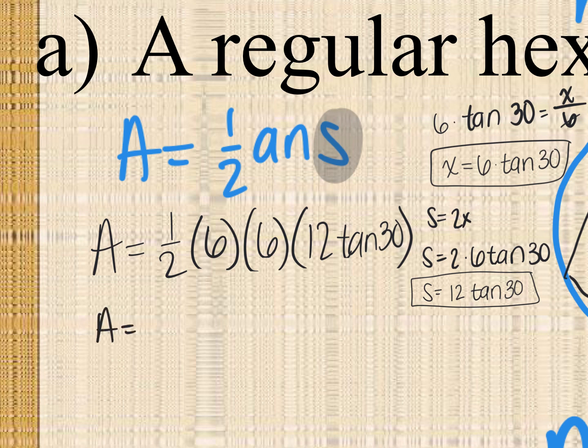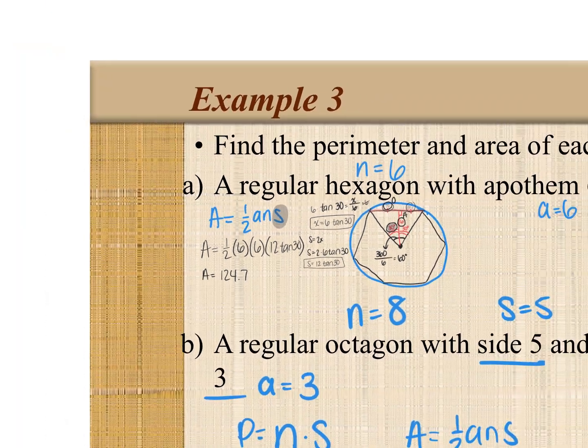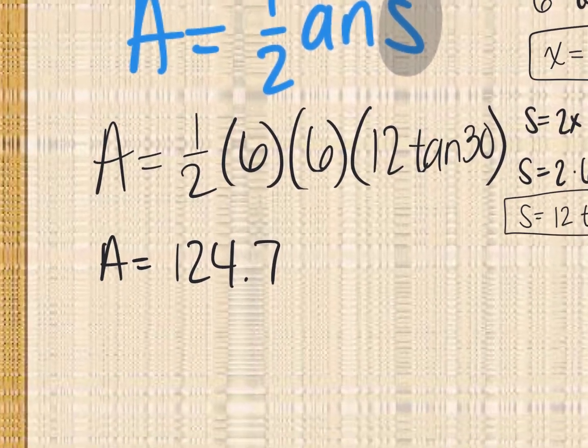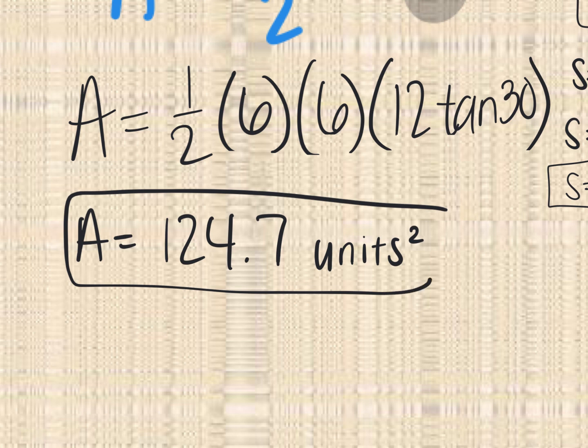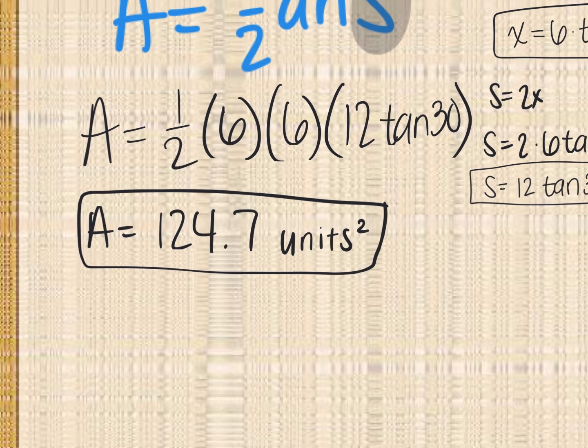What did you guys get? 124.7 is correct. There are units. What units go on this? Units squared. Why squared? Because it's area. Let me zoom out if you missed any part of it so you can see it.